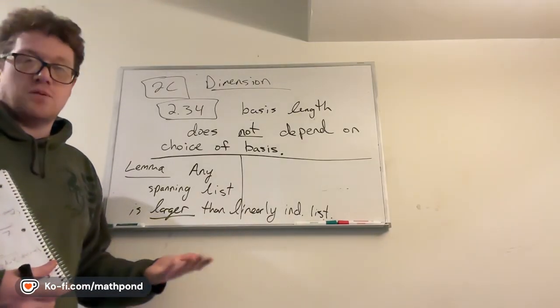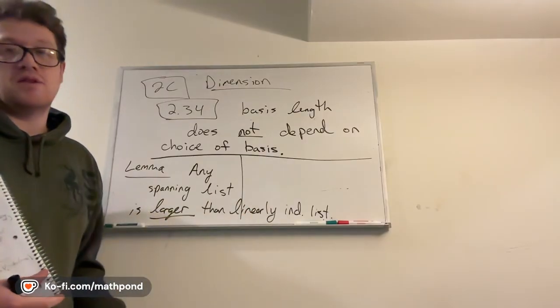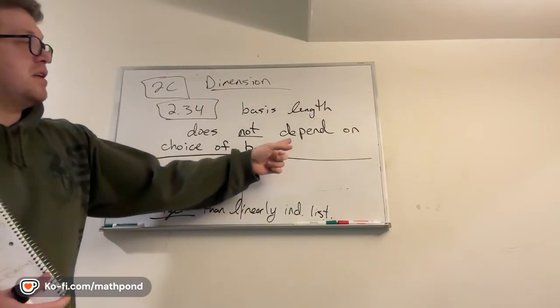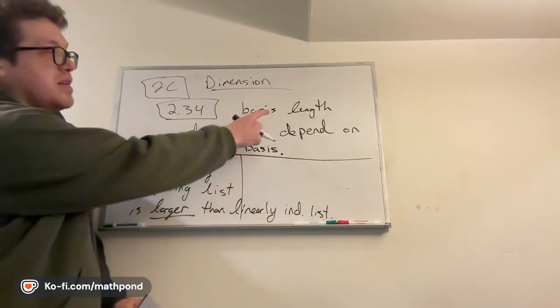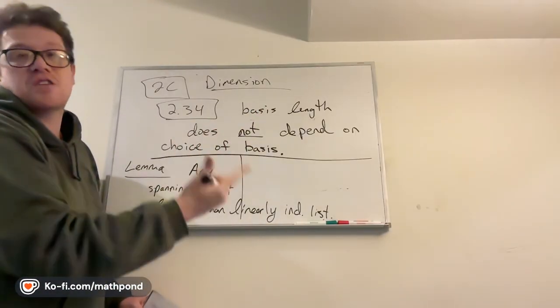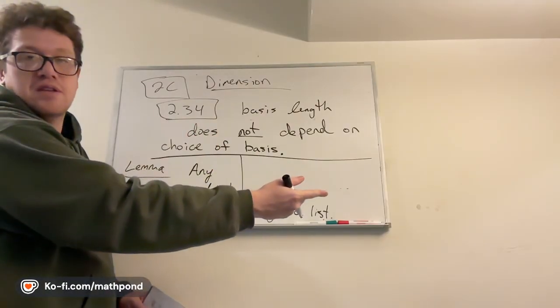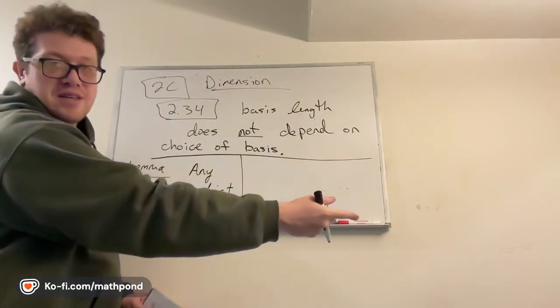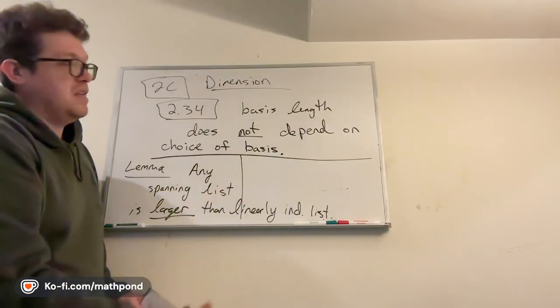The main statement we're using here is that a spanning list is larger than a linearly independent list. And that's essentially going to give us the proof automatically, because we have two lists that are both linearly independent and spanning lists. So one list has to be less than or equal to the size of the other, and then the other has to be less than or equal to the size of the first for basically the same reason.